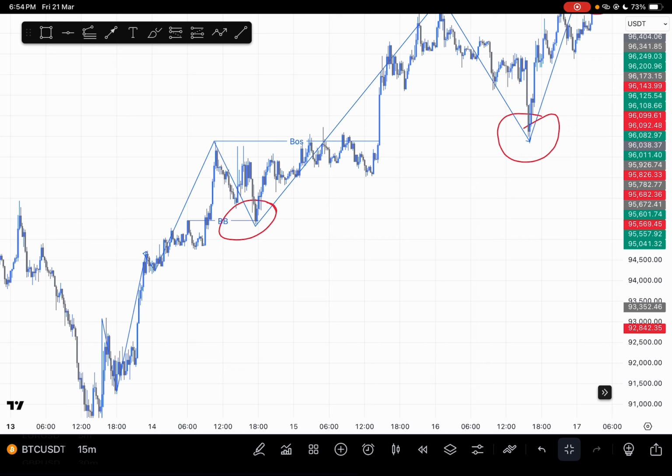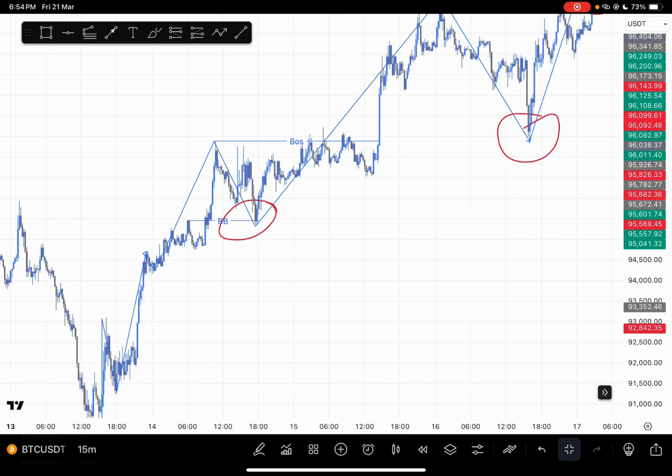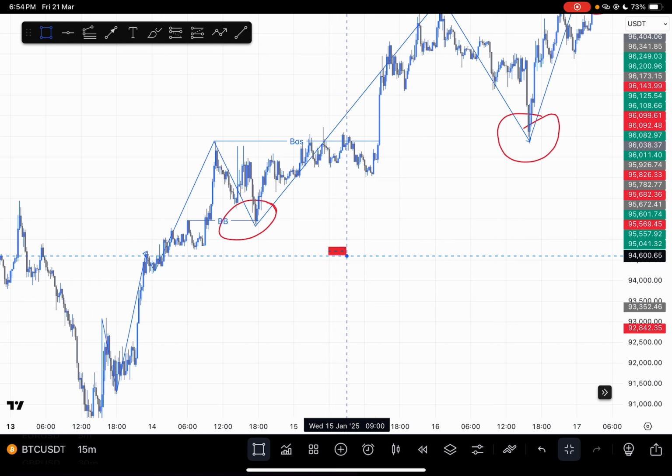And you know, a breaker block is an order block that got violated or an order block that did not play out. That's how you can know a breaker block. So let's say there's an order block at this point here.